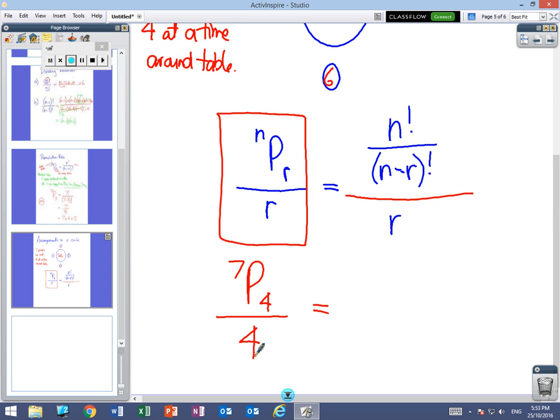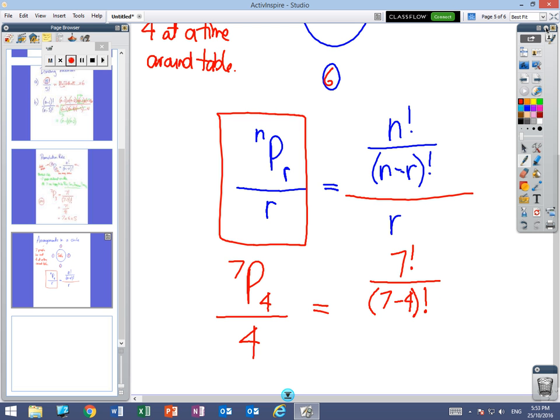That's the first step. Next, 7 factorial divided by 7 minus 4 factorial, all over 4.